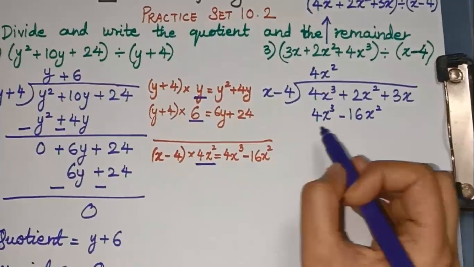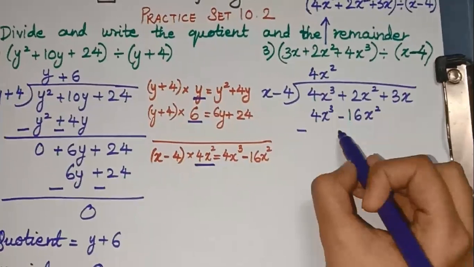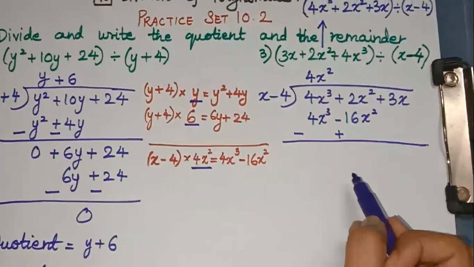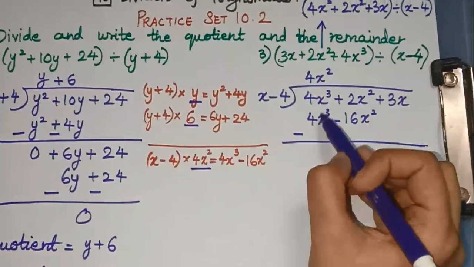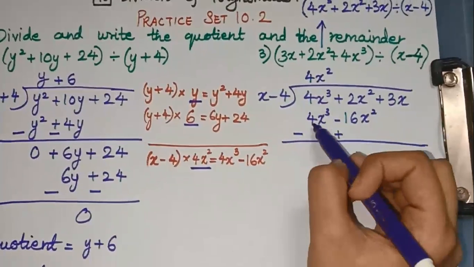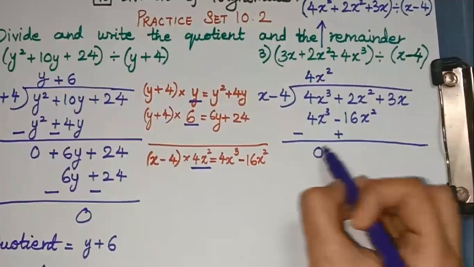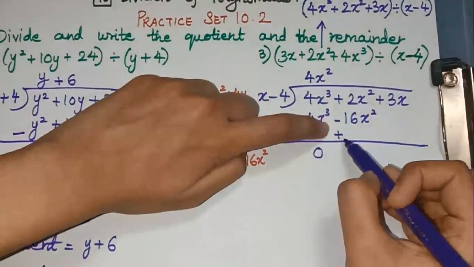Okay, so here I am going to minus them, and this minus changes to plus. Now we will solve. Plus minus is minus, so 4x cube minus 4x cube will give you 0, right? This minus sign I have changed and written as plus sign.